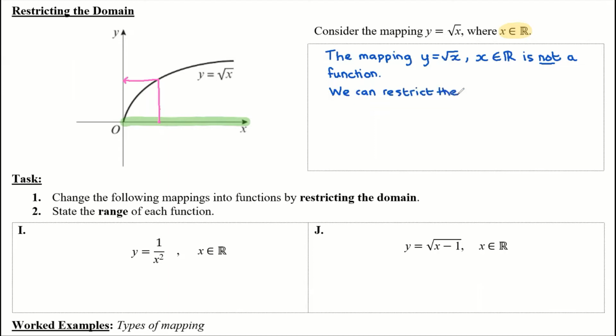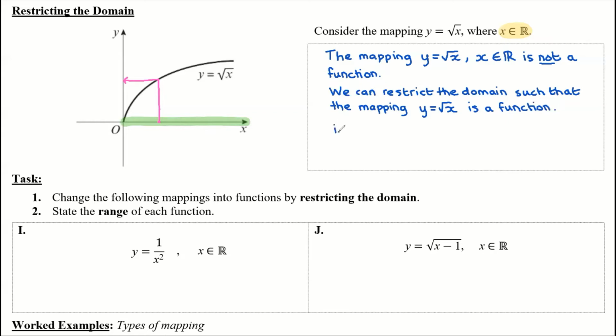So in other words, put some conditions on the domain such that the mapping y equals the square root of x is a function. And we'll just write down that restriction now.